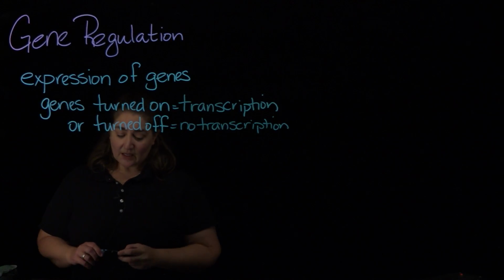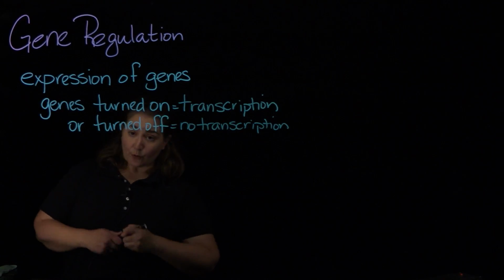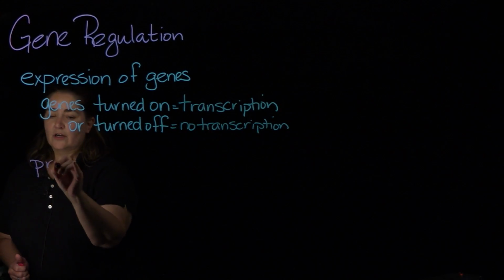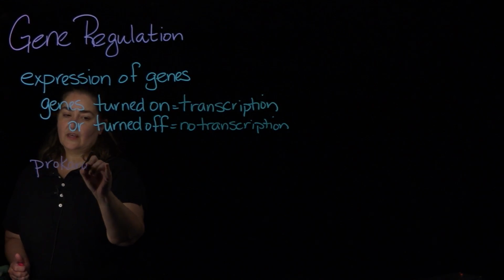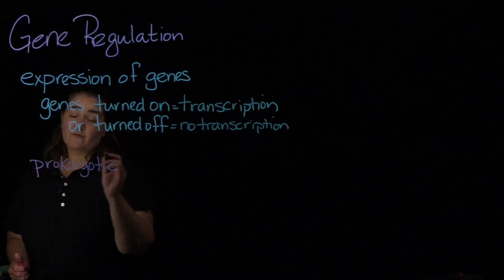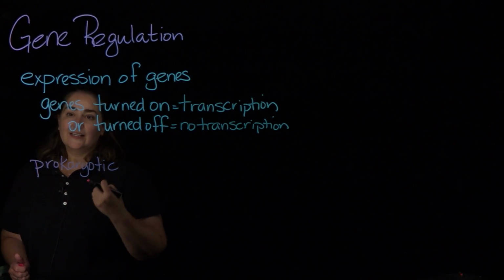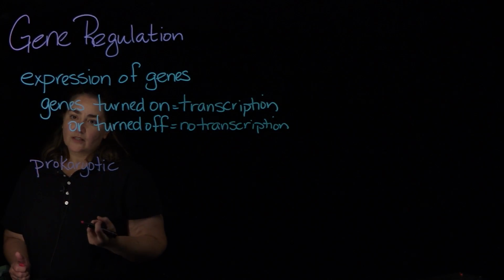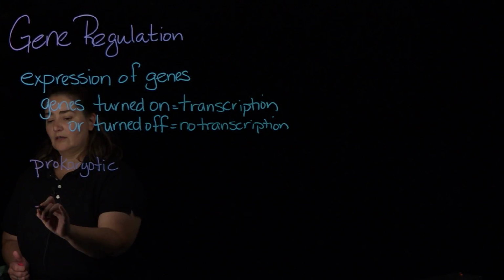Okay? And this process can happen in both prokaryotic cells. And that's the one I'm going to talk about first, just simply because the genetic regulation in prokaryotic cells is a little bit simpler, okay?